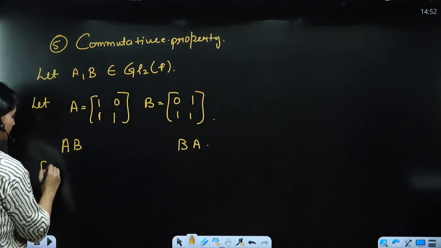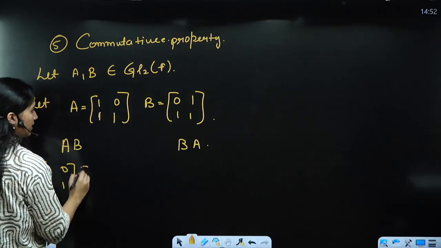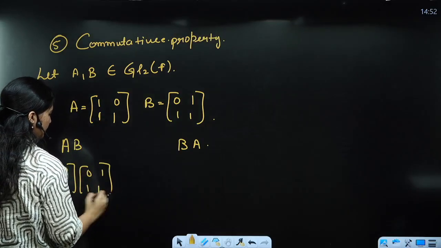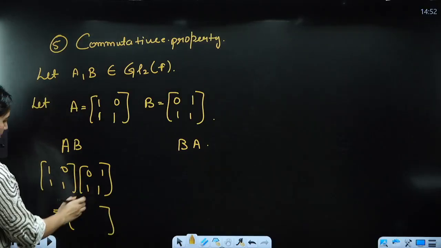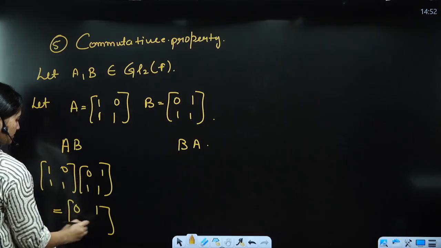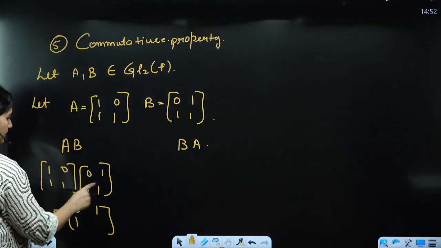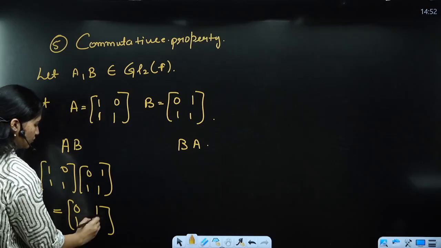AB is going to be [1 0; 1 1] times [0 1; 1 1], right? So this is going to be equal to what? 0 and 0 1, then you will have 1 here, and then you will have 1 plus 1, 2, right?